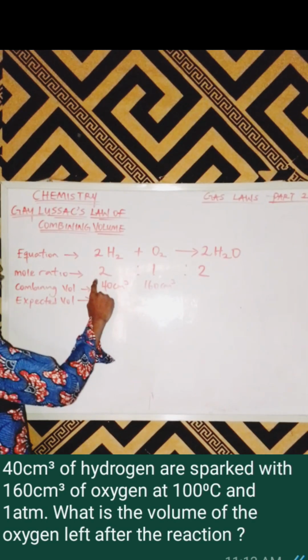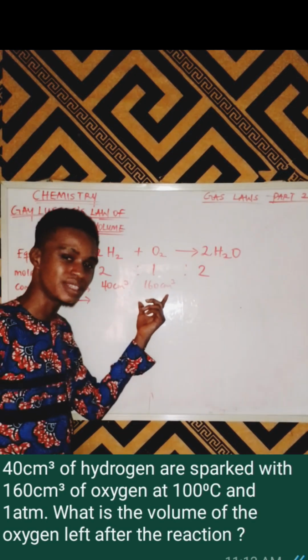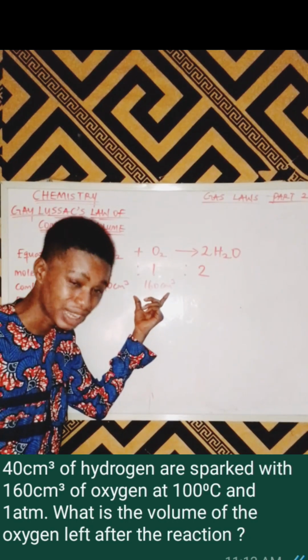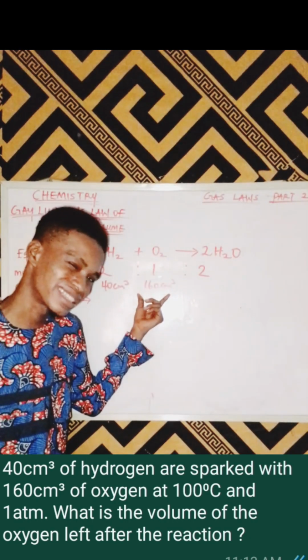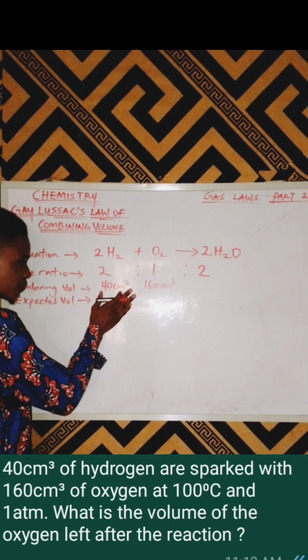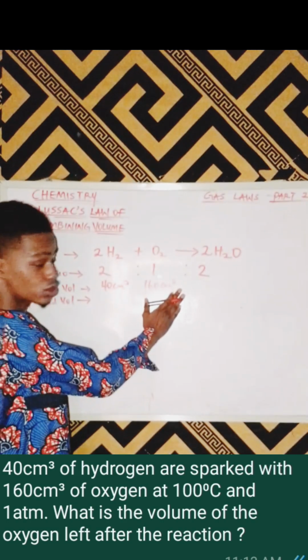From the reaction 2:1. So it means that this oxygen here is in excess. I have 40 here, I have 160 here. This 160 is in excess.